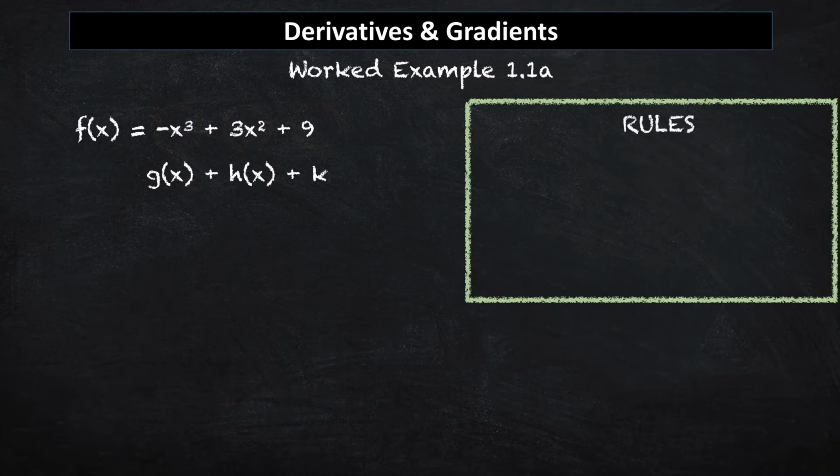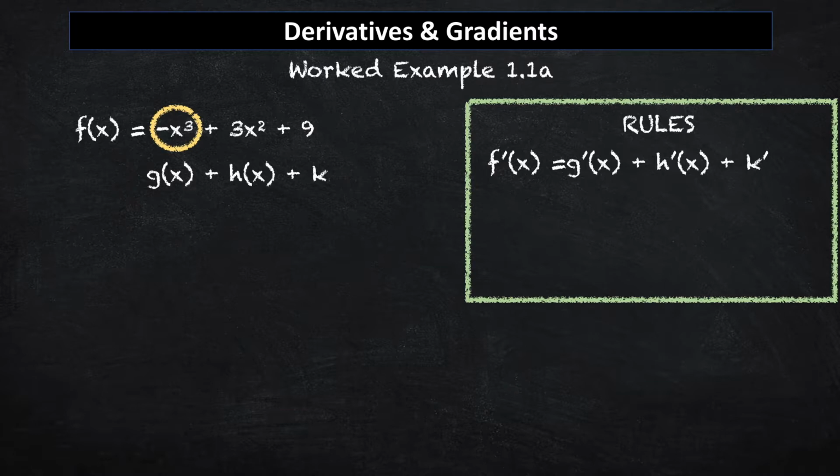Now let's write here all the rules to compute derivatives. The first rule is that the derivative of a function that is the sum of other functions is just the sum of the derivatives of those other functions. So in our case, we just have to compute the derivatives of the functions g, h, and k to obtain the derivative of the function f.